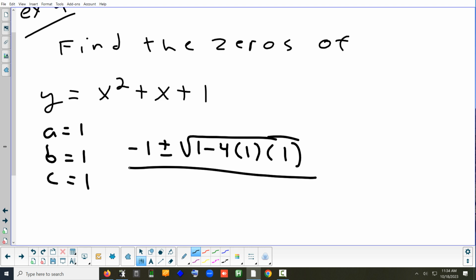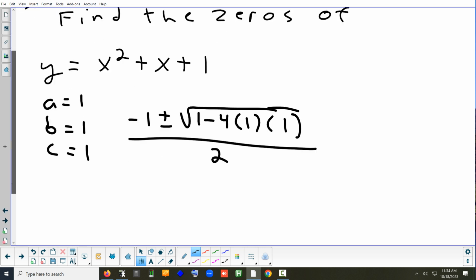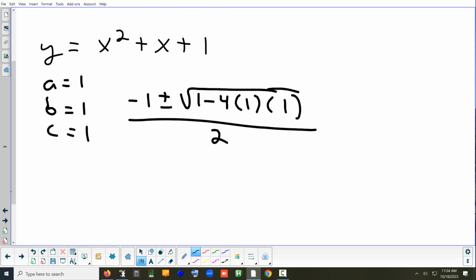And what do we divide by? 2a, which is 2. Okay, so now here's where we talked about square roots. We're going to end up with a negative under the square root, and we need to fix it by taking the negative out. What do we end up with under the square root when you do 1 minus 4? Negative 3.